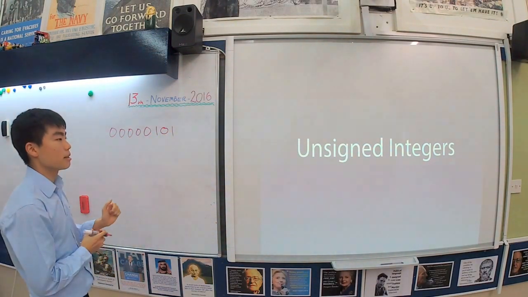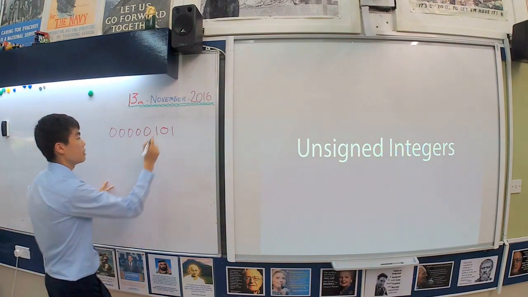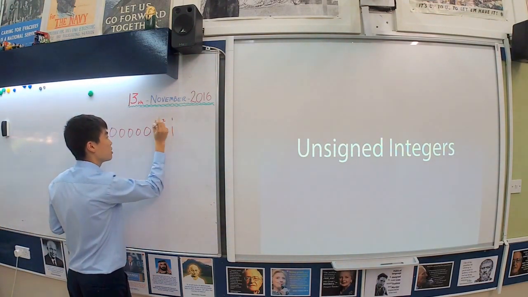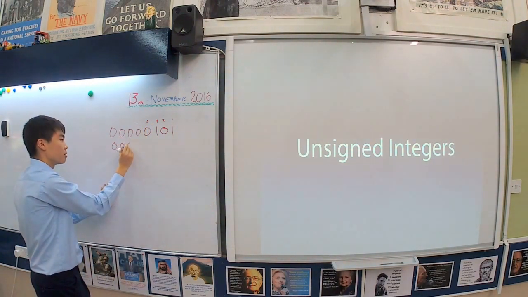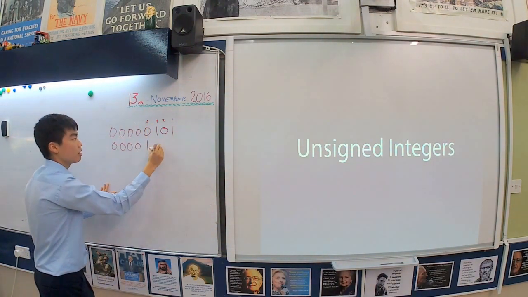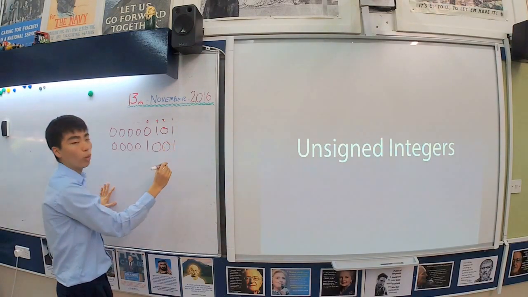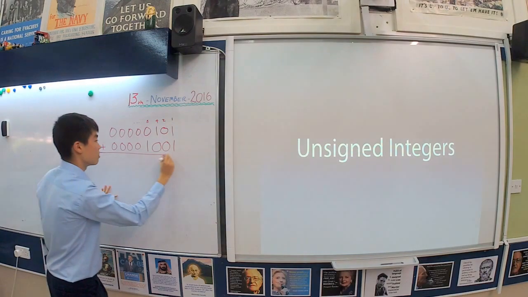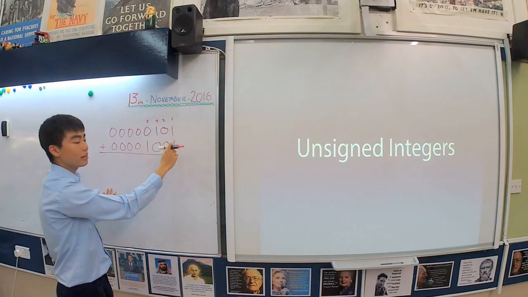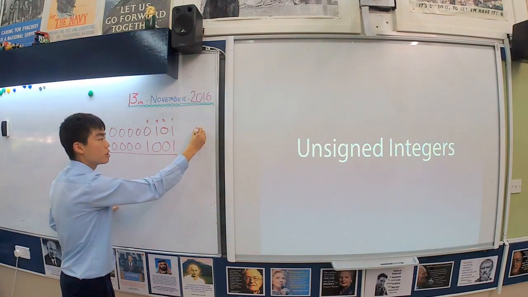And we're going to add this to some number, let's say 9. So if I just write down the place values here to make this easier to read, I'm going to have 0, 0, 0, 0, 1, 8, 0, 4, 0, 2, and 1, 1 to get 5 plus 9, with the addition symbol there, and I'll get 1 plus 1 is equal to 2, which is 1, 0 in binary.